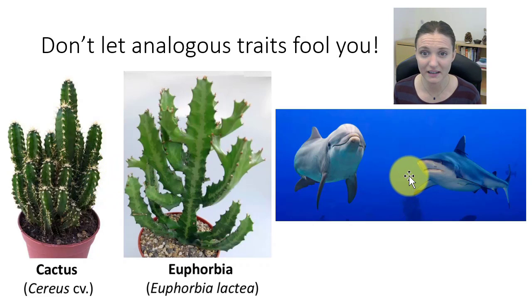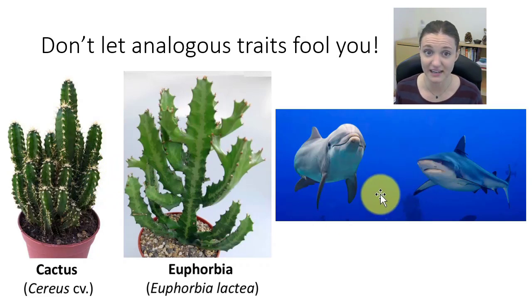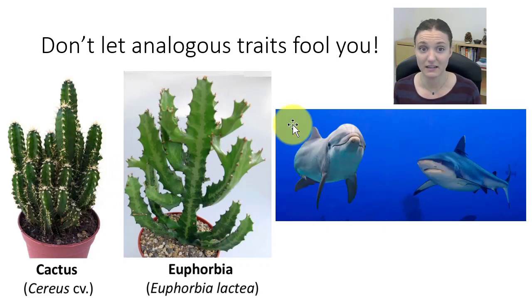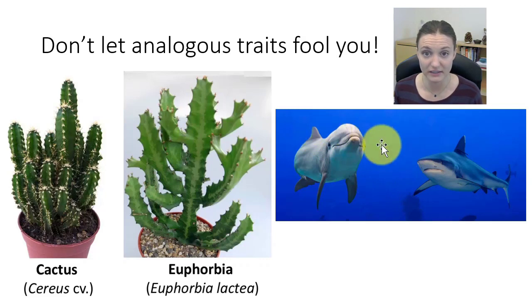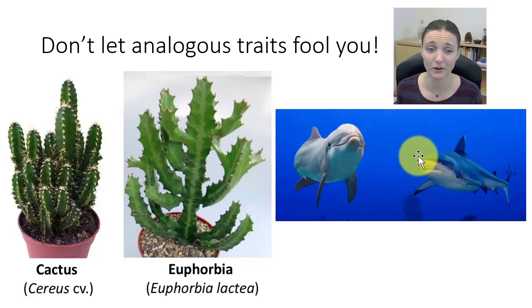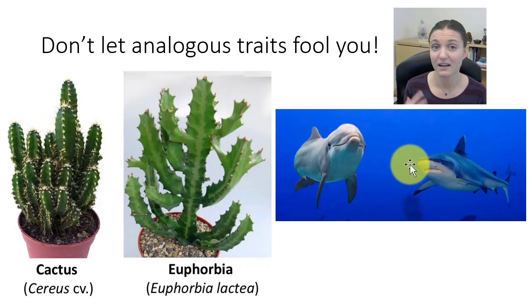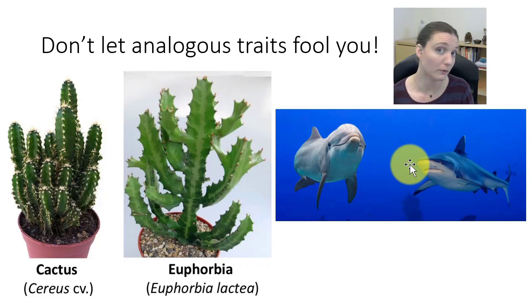The same thing applies in this example, with the analogous structures of the dorsal fin of dolphins and the dorsal fin of sharks. They look pretty similar, yeah? Both contribute to the hydrodynamics of these organisms, the ease with which they can move through water, but the evolutionary origin of those dorsal fins is different.